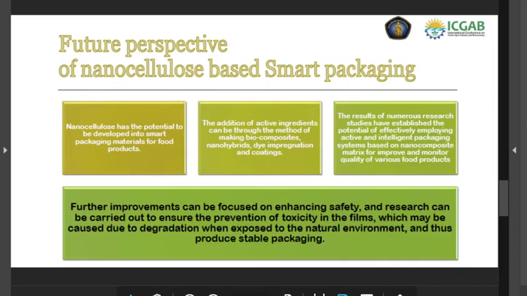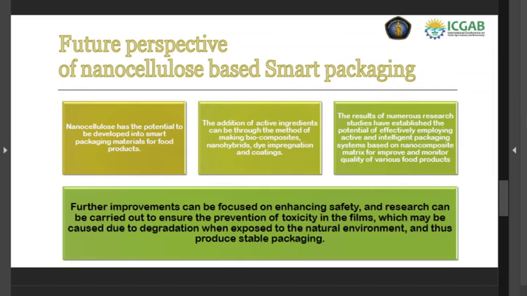We will talk about the future perspective of nanocellulose-based smart packaging. Nanocellulose has the potential to be developed into smart packaging material for food products. Based on its physical and mechanical characteristics, nanocellulose has a great opportunity to be used as a polymer matrix and has been able to meet the requirements of food packaging.